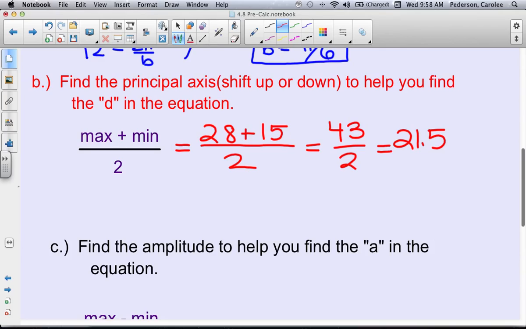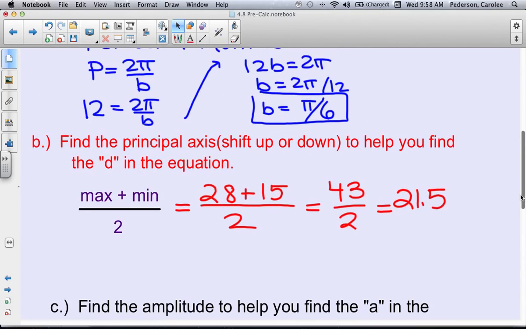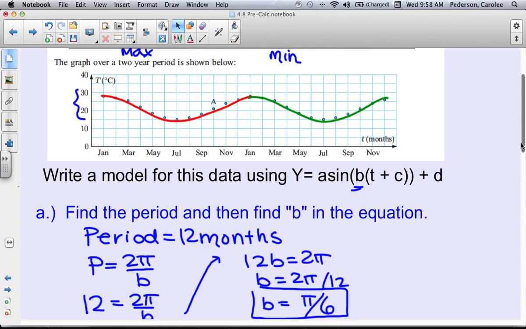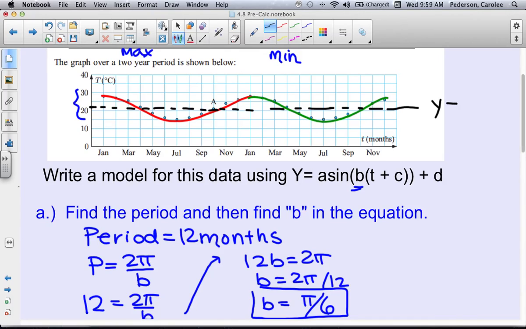So now I can go back up to this graph and create the horizontal axis. So when I go up 21.5, there is my principal axis.